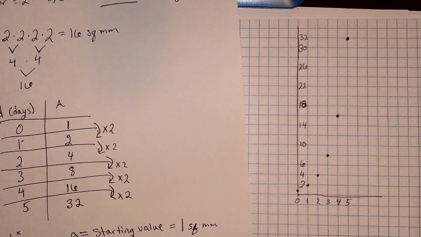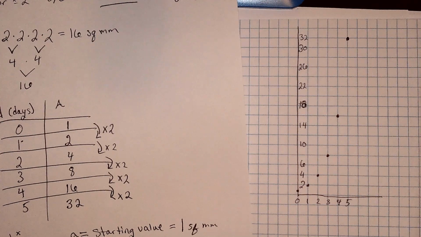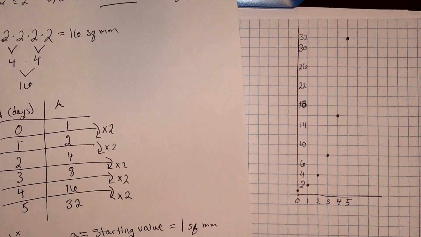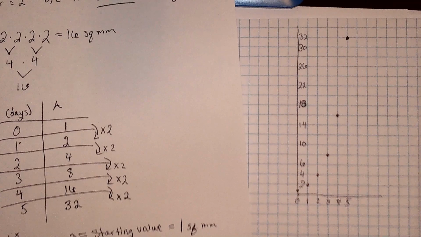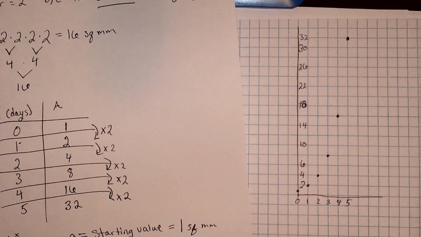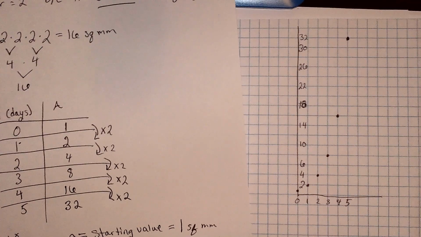Okay, so number 3 is asking us, is the relationship between the area covered by mold and the number of days a function? So we're going to write this in the form of blank is a function of blank, and if not, we will explain why. So this is a function. The area covered by mold is a function of the number of days that have passed. At any given time since mold was spotted, there is a certain area of the bread that is covered in mold.